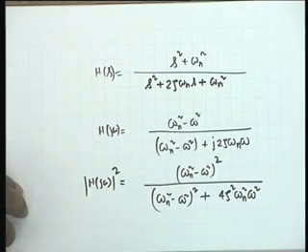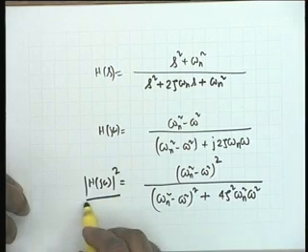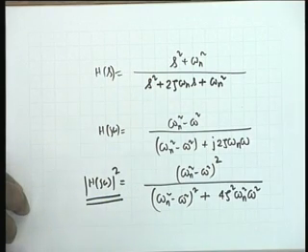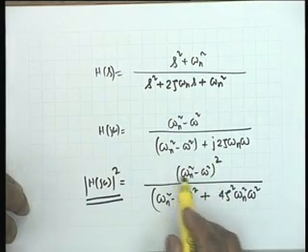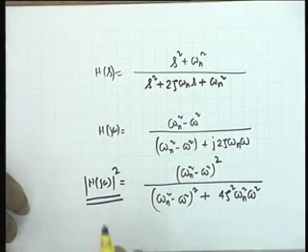And it doesn't take any special intelligence to observe that this magnitude cannot exceed unity, because the numerator is a whole square, it cannot be negative.